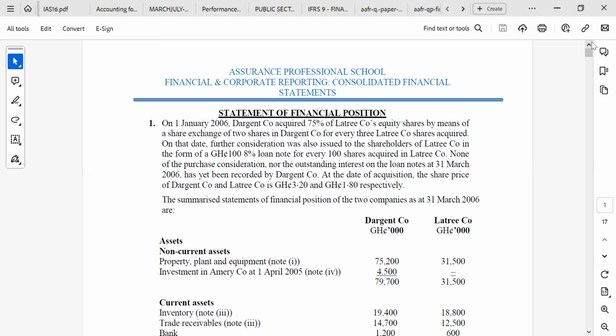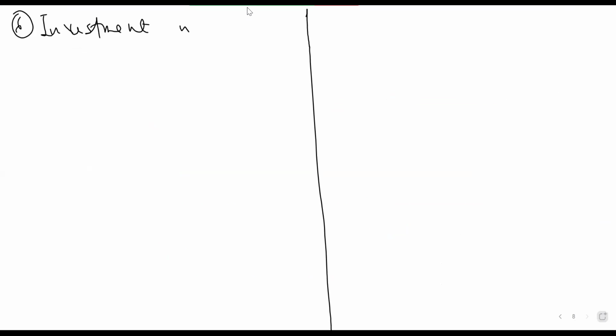Okay. I've forgotten to bring one item here. We also have investment in associates. If you look at the question, we have investment in associates there. So you have the 6 here. We have investment in Armory.